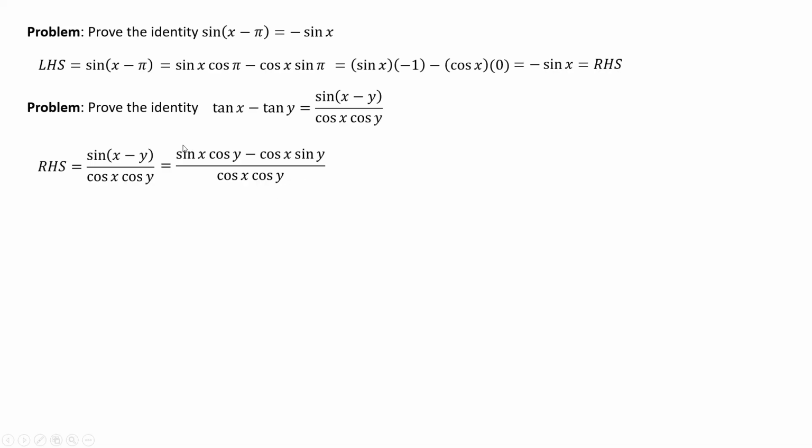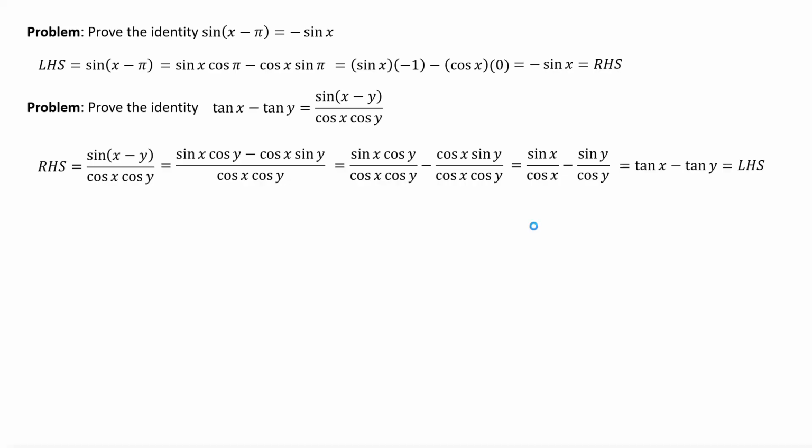And now, to me, this looks like a minus b over c, which is a over c minus b over c. So let's separate out the fractions, and cosine y's cancel, cosine x's cancel, leaving us with sine x over cosine x minus sine y over cosine y, which we recognize as being tangent x minus tangent y. That's the left hand side.